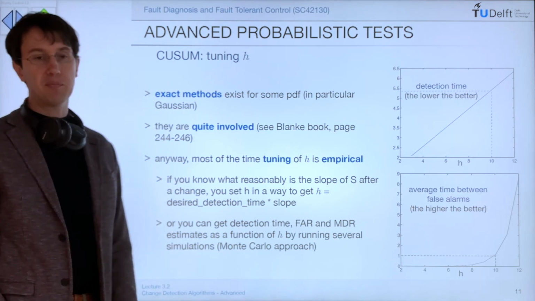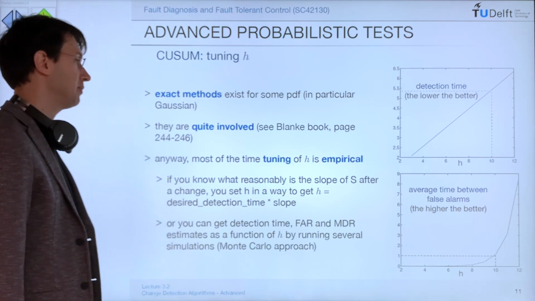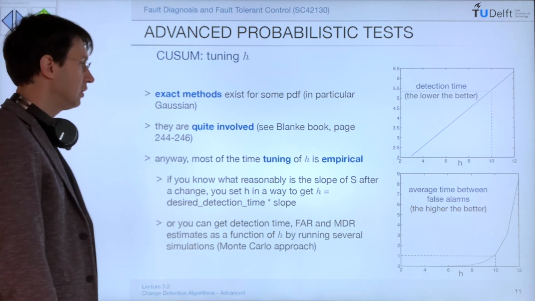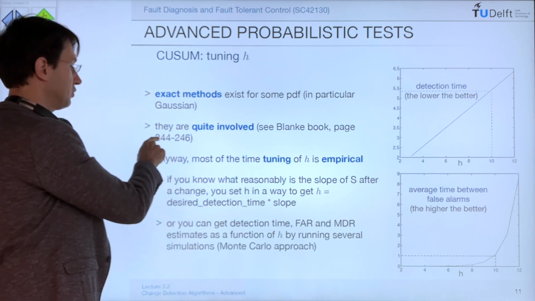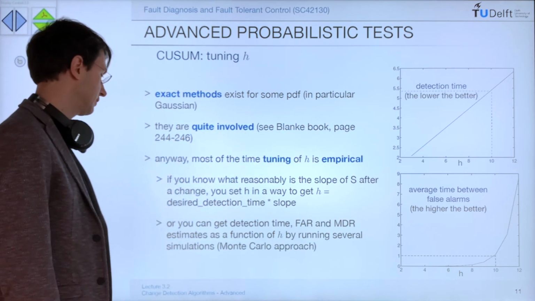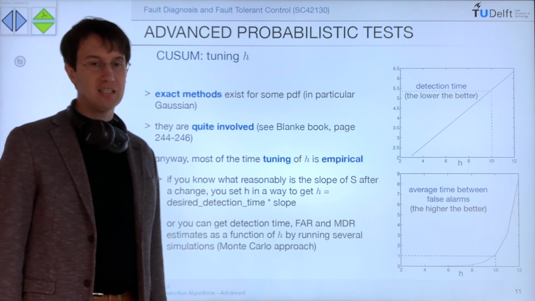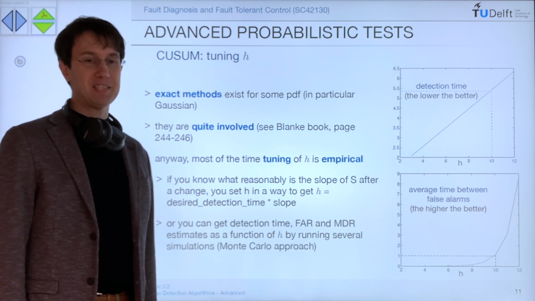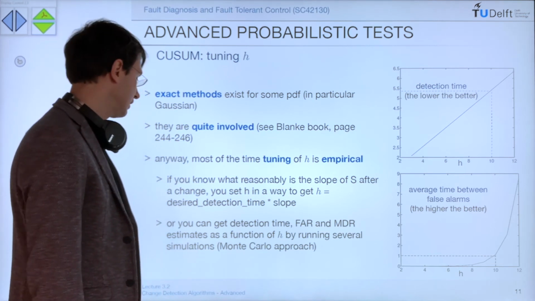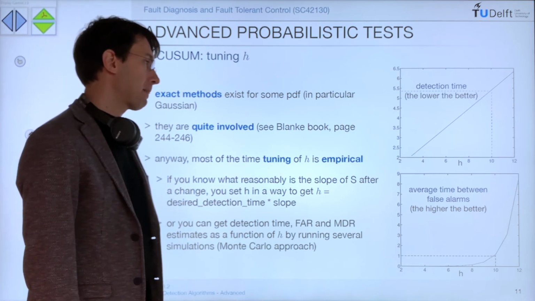So we can solve a problem where we optimize for h, and we get the optimal h. So you can see something in the book at these pages from 244 to 246. But if we have a general distribution, or in practice, still, we can tune H in an empirical way.